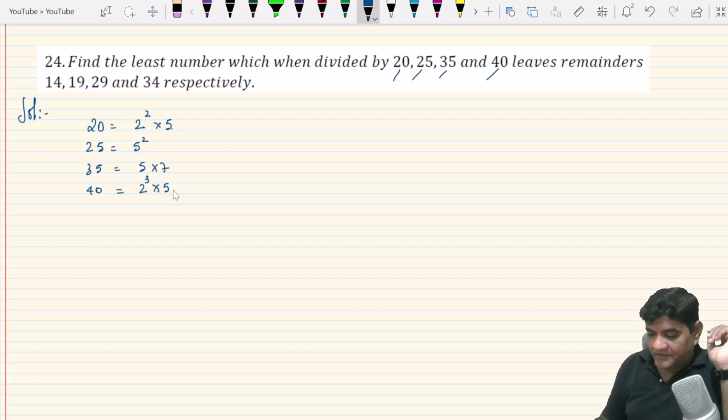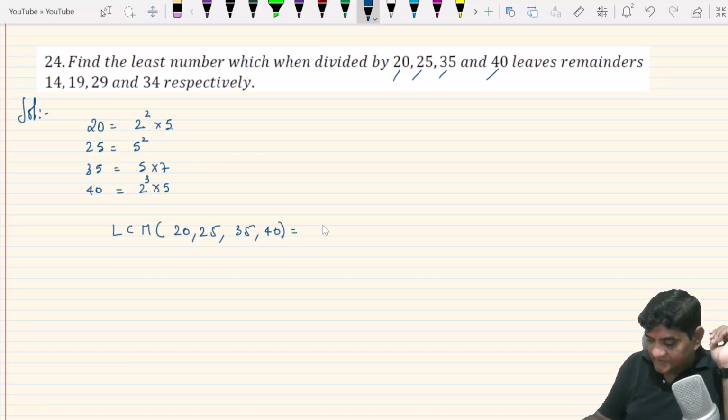All right. So what's the LCM of these? The LCM of 20, 25, 35 and 40 is equal to, I'm going to take all the factors, so 2 into 5 into 7. So the highest powers are 3, 2 and then 1.